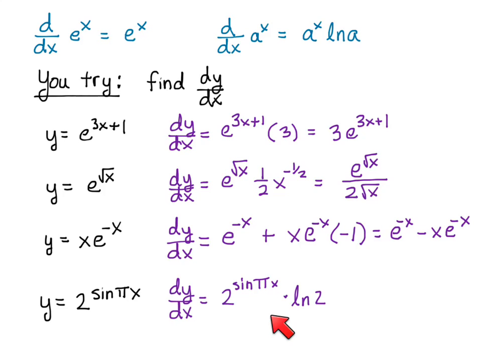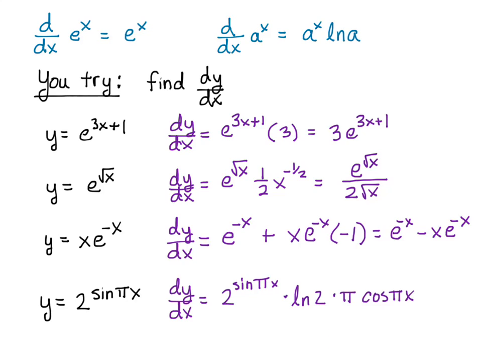And then by the chain rule, we're going to take the derivative of sine pi x, and so that's going to be pi cosine pi x, right? Because the derivative of sine of pi x is cosine pi x, and then by the chain rule, you have to multiply it by the derivative of pi x, which is just pi. And so here's your solution.